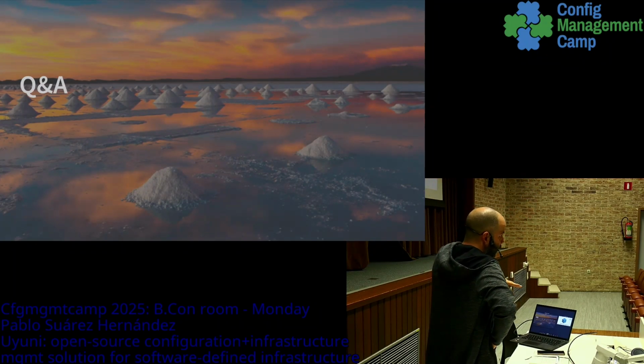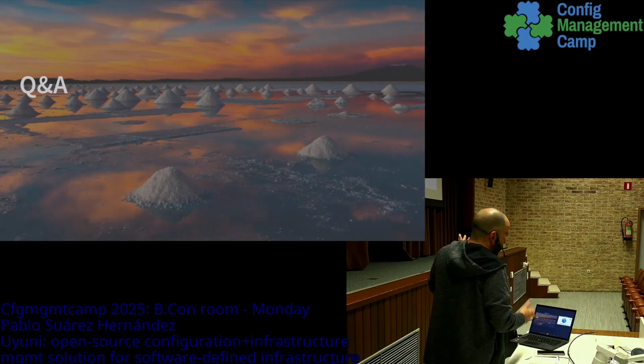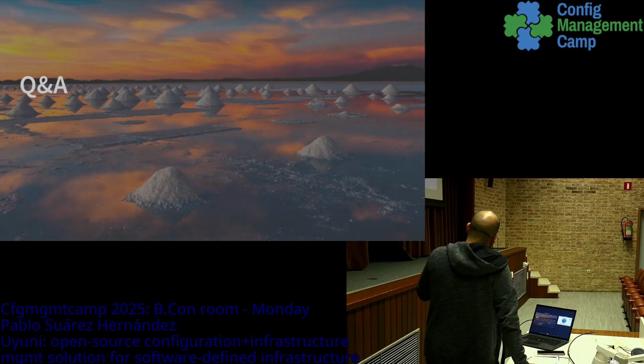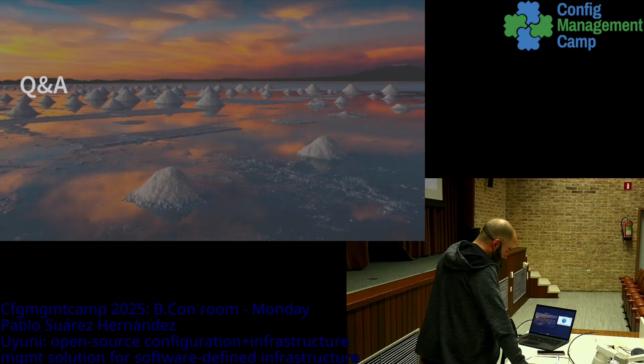You have the inventory, and if you have those instances registered in Uyuni, then you can just operate them as if they were on-prem or whatever. I'm not doing any example of bootstrapping a new system now because I don't want to take the risk, and I'm missing some packages to do that.